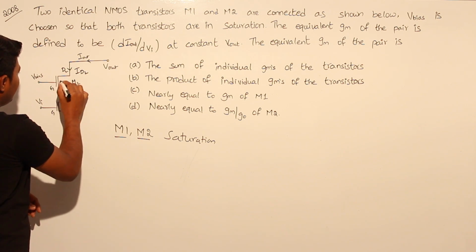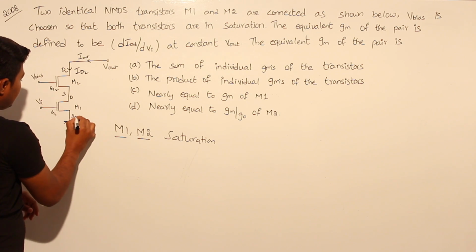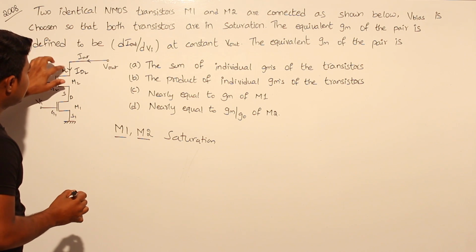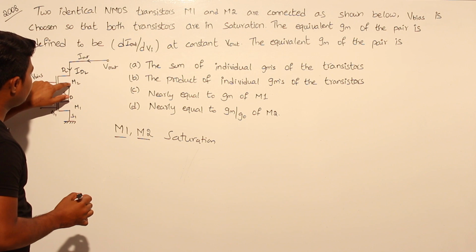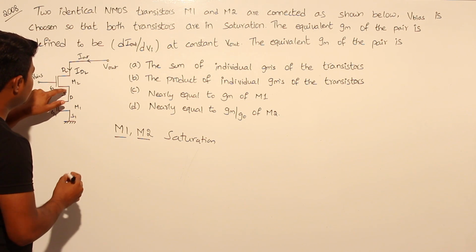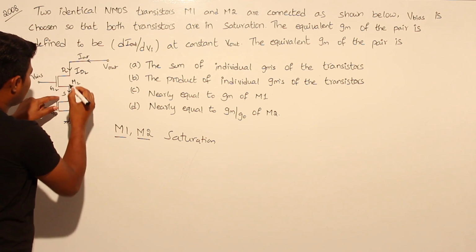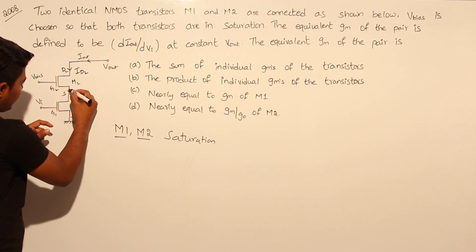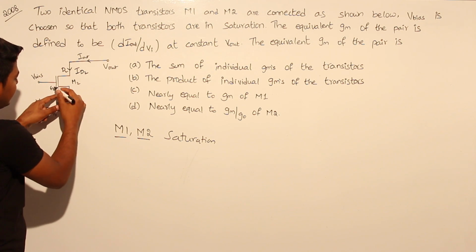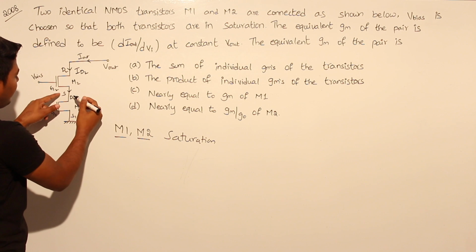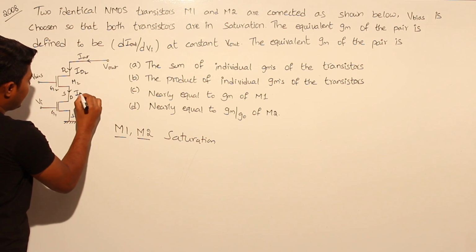Let's call them D2, G2, S2 and D1, G1, S1. Now the current ID2 flows through the M2 transistor, and the same current flows through the source also. The source of M2 is the drain for M1. So let the current be ID1.